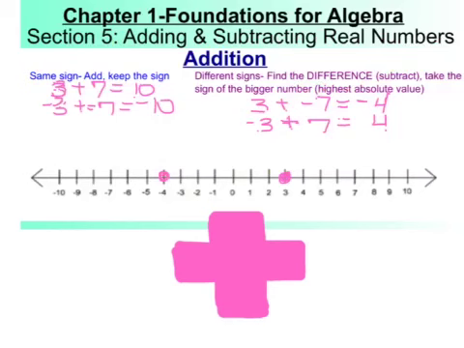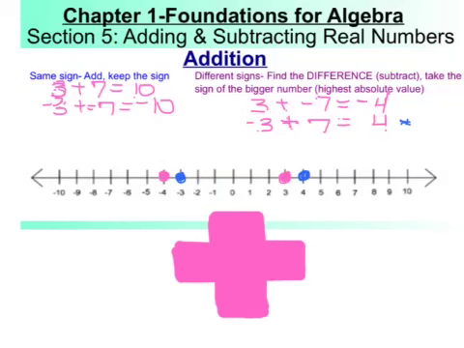And in this example, if we were to start at negative 3 and go forward, positive means go right 7 places, that would bring us to positive 4. So you could see that you could find your answer in a number line as well, but obviously you don't want to draw a number line every time you're adding positive or negative numbers.